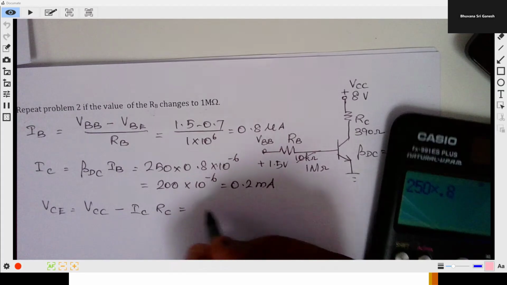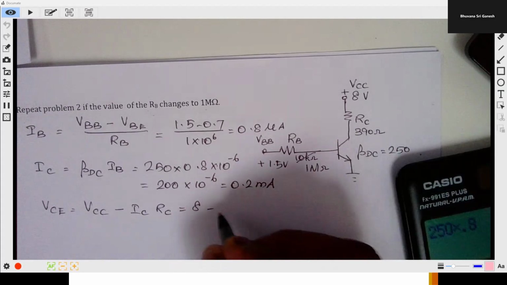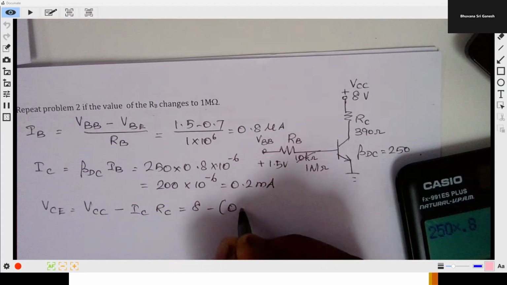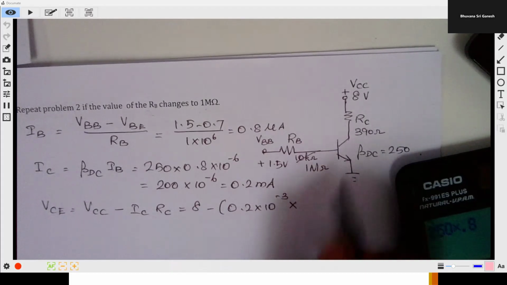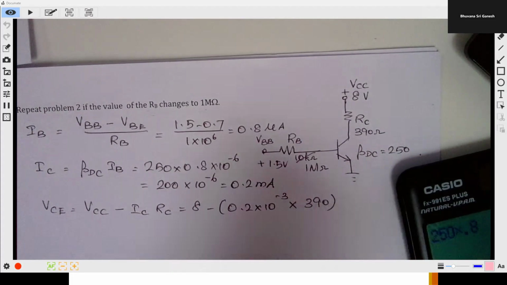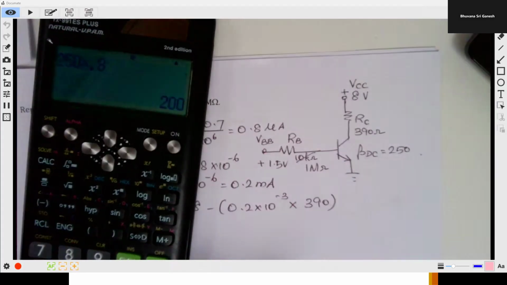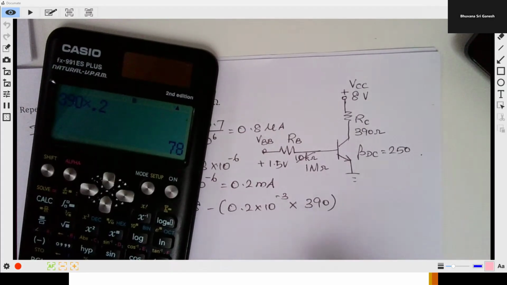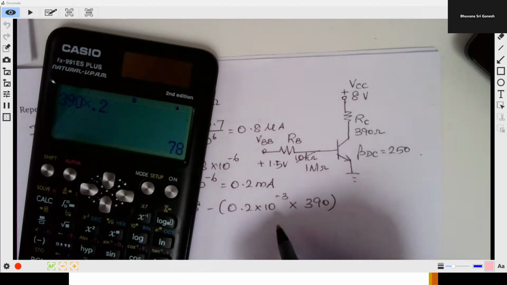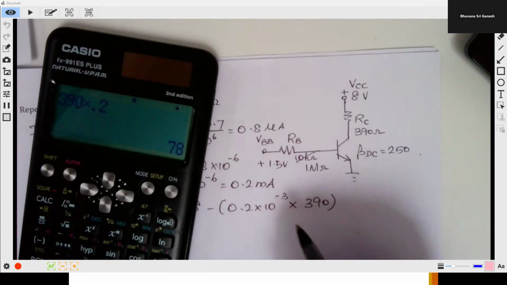Now VCC 8 minus IC 0.2 times 10 power negative 3 times RC, which is again 390. So 390 times 0.2 equals 78, right? 78 times 10 power minus 3.